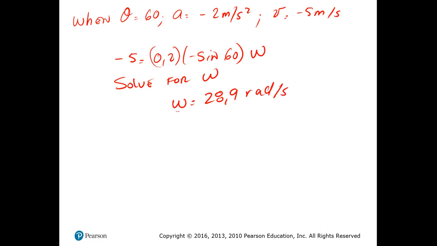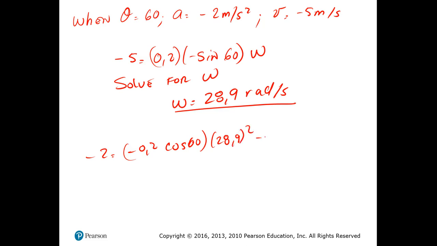And then if I use this in the second equation, I will get that minus 2 equals minus 0.2 cosine of 60, multiplied by omega squared, minus 0.2 sine of 60, multiplied by alpha, or angular acceleration.